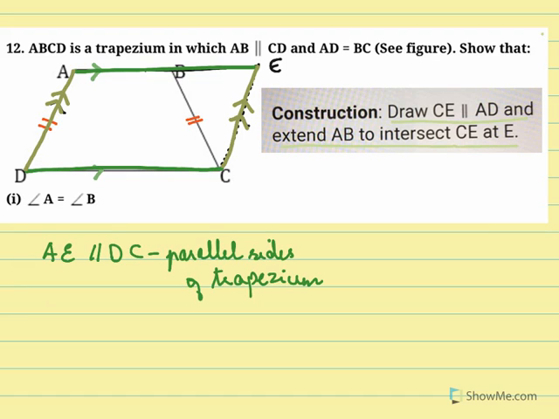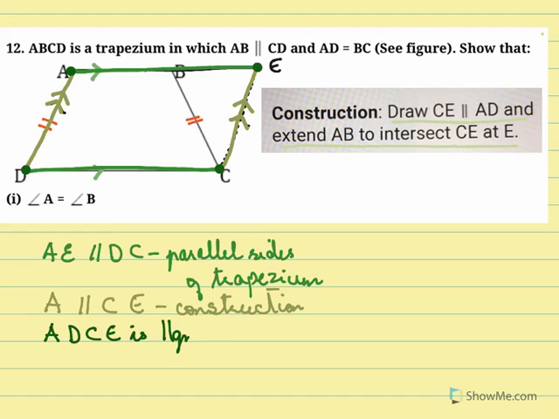So I write that too. AD parallel to CE, construction. If I got two pairs of parallel sides, I have to have a trapezium. Not a trapezium, a parallelogram. Now who will be my parallelogram? A, D, C, E will be the parallelogram. So ADCE is a parallelogram.